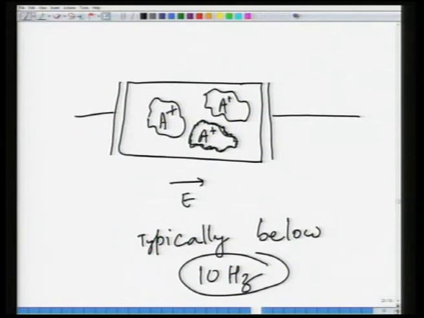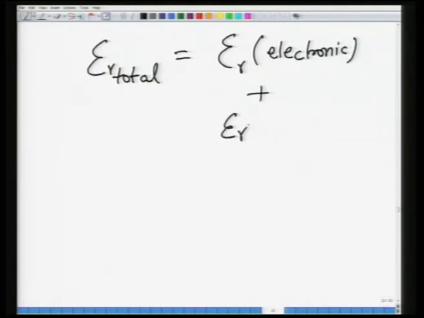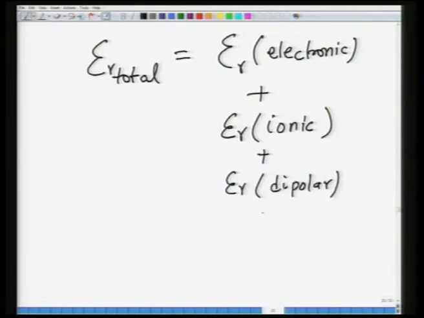Now the dielectric constant of a material, in general, the total epsilon r total, can be written as the sum of epsilon r electronic plus epsilon r ionic plus epsilon r dipolar plus epsilon r interface.